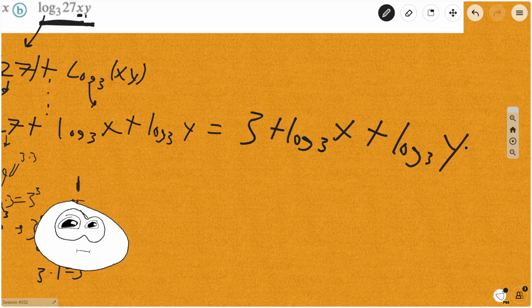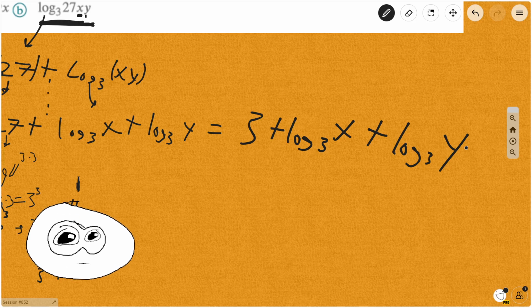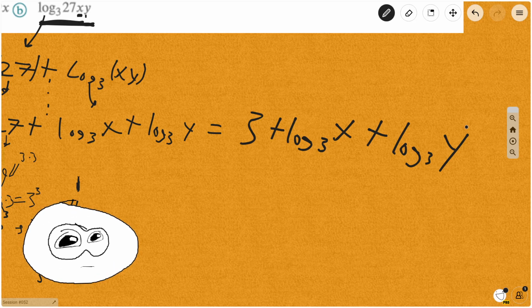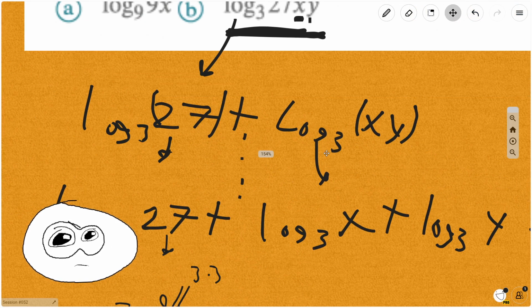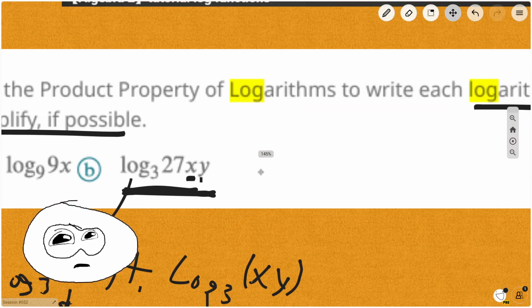Okay. Is that the solution? I guess so. I feel like I could probably monkey with this a bit more. Let me go back to what we originally had.